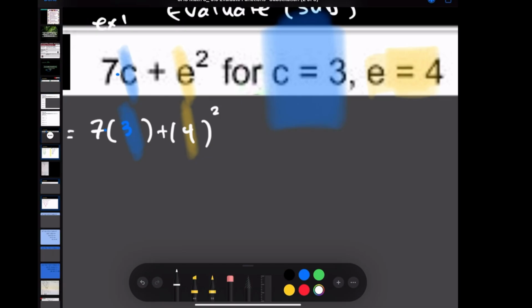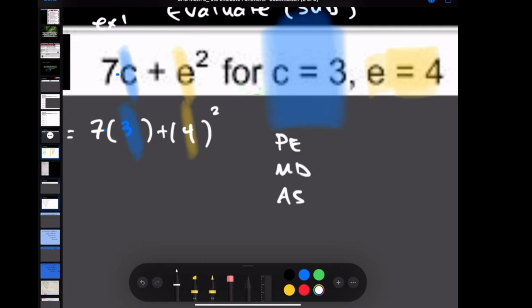We've done a problem like this before. Partner A, tell partner B the acronym we learned yesterday. Ready, set, go. And what does it stand for? Molly, what's the acronym from yesterday? PEMDAS.